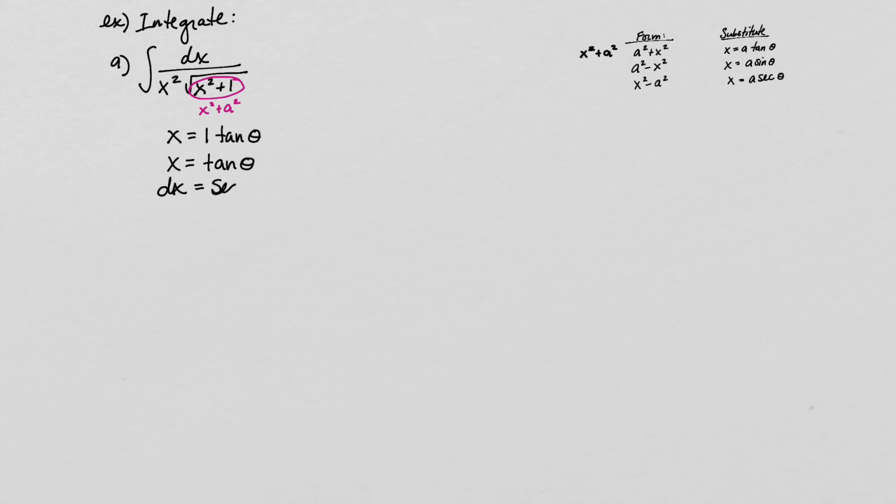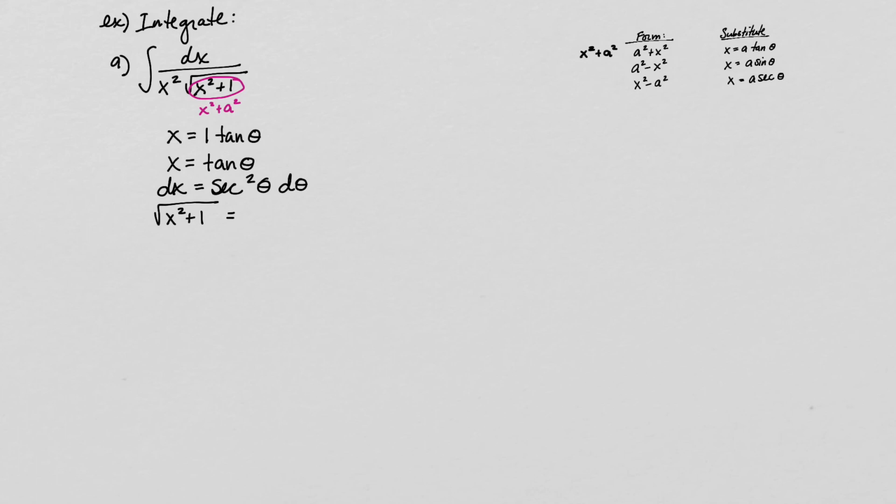Secant squared theta. And then we have to tack on that d theta because we're doing that differential. If you notice, for that pink part, where that pink is circled, I need to figure out the square root of x squared plus 1.